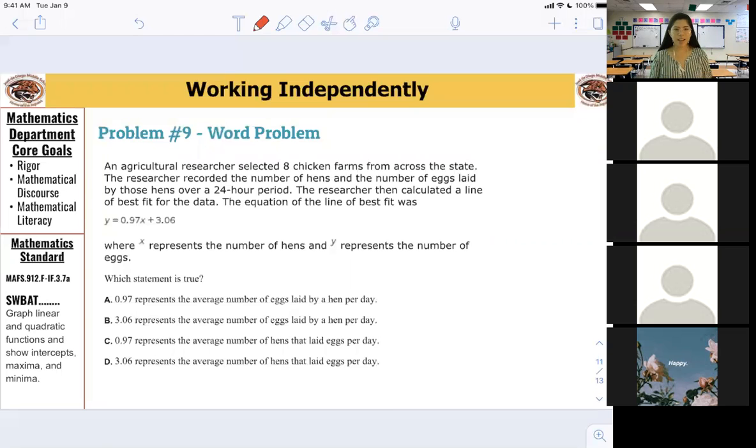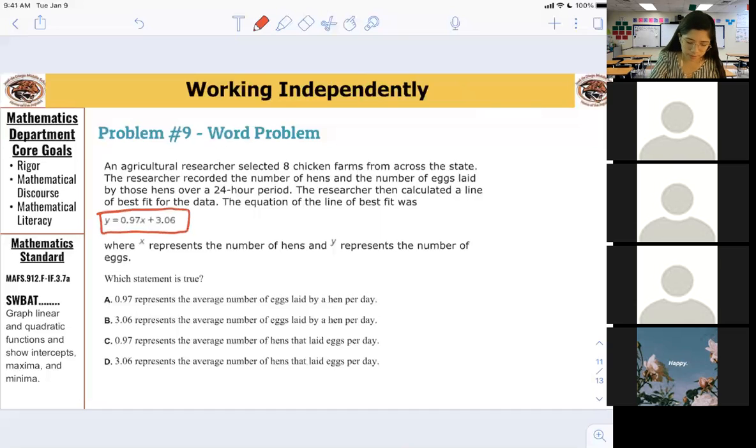Awesome. All right. And then they want us to say, okay, which of these statements is true? So before we go into it, let's just understand. And this is slope-intercept form, right? So 0.97, is that the slope or the y-intercept? y-intercept.